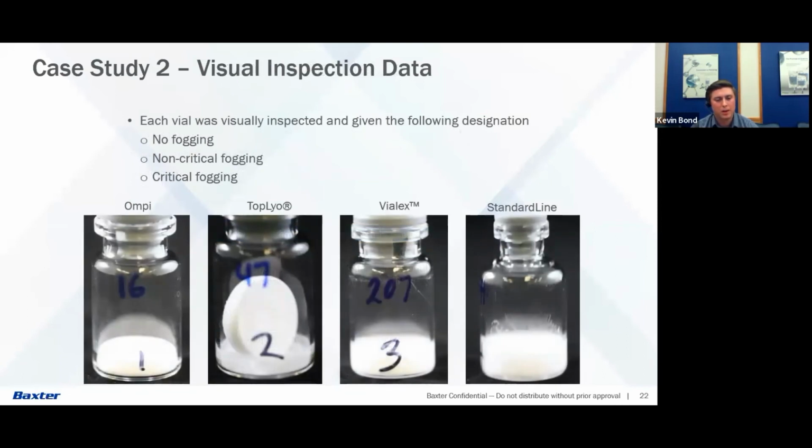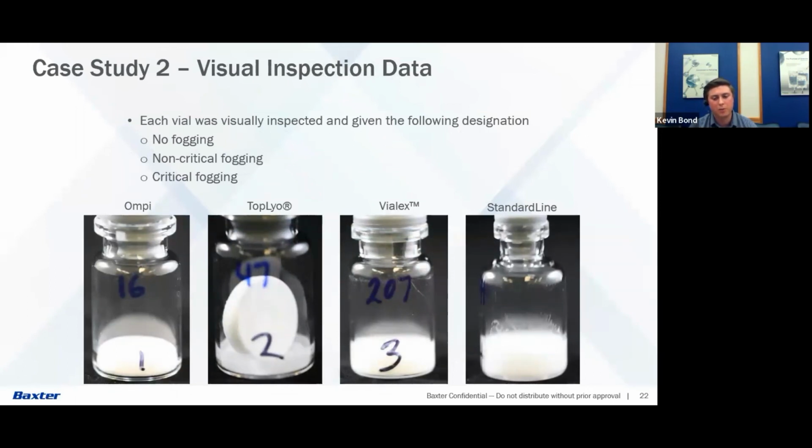So the same grading criteria that we've used for the previous studies was used here as well, where no fogging, non-critical, and critical have the same definitions as before. And then here we also have some representative photographs of the vials for the 4 vial types. From left to right, we have the OMPI vial, the top lyo vial, the Vialex, and then the standard line vial.